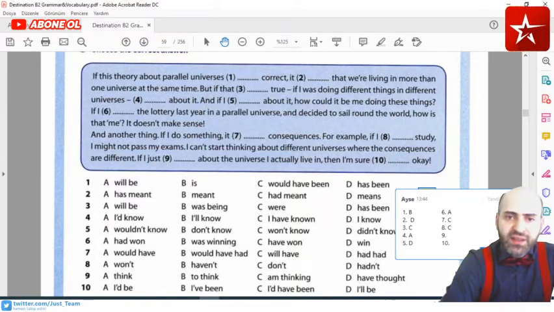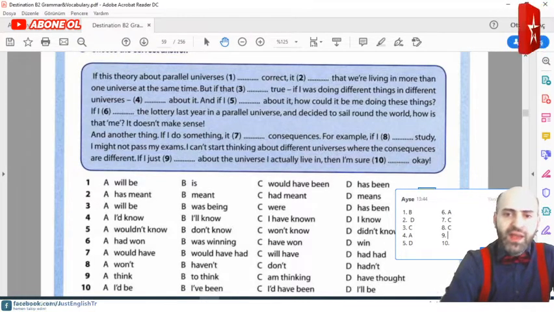I can't start thinking about different universes where the consequences are different. If I just think, to think, am thinking, have thought about the universe I actually live in.